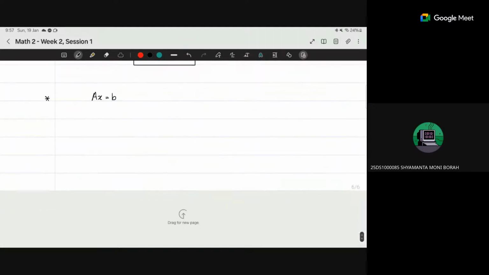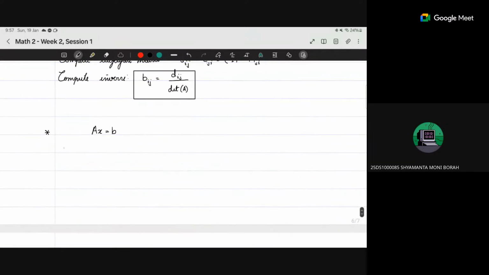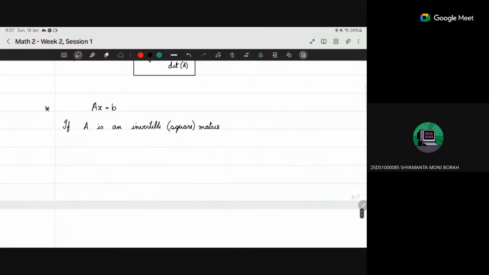So once again, just as in Cramer's rule, if A is an invertible square matrix, once again, square is kind of redundant. This is an equation of multiplication of matrices, correct? I can multiply this by A inverse. Now I know that there is a unique A inverse in this case.